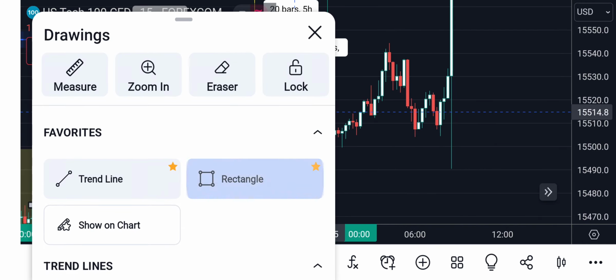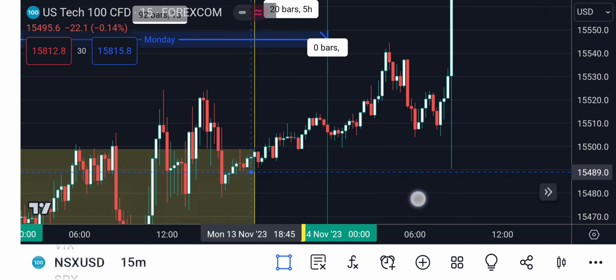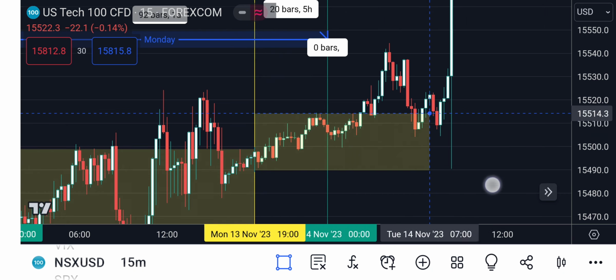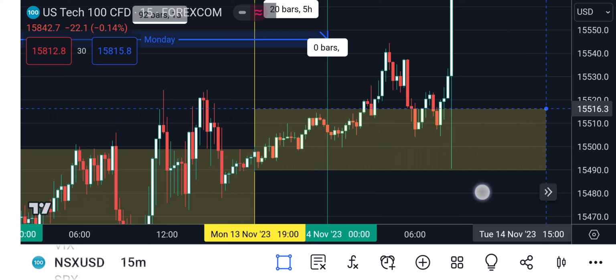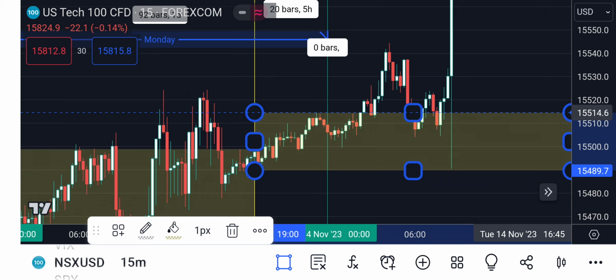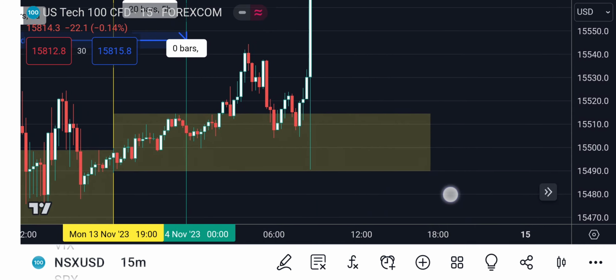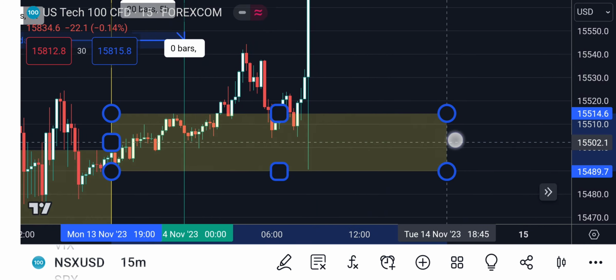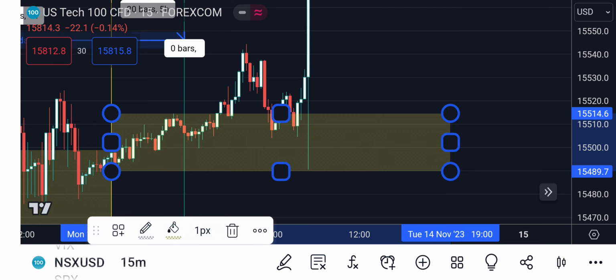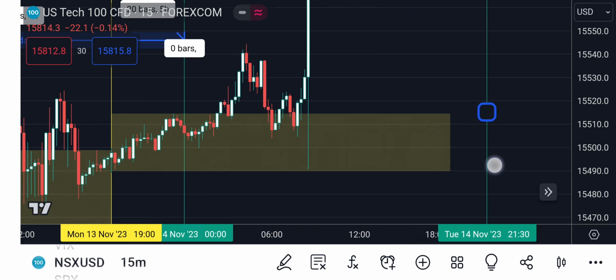So I'm gonna mark the Asian range again from the low of the range to the high of the range, then drag it all the way across to 9. And then I'm gonna copy this again, clone it, and move it all the way to midnight.